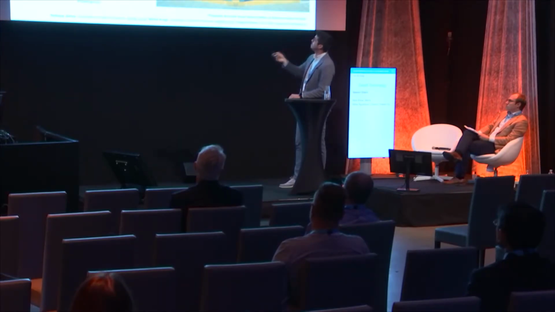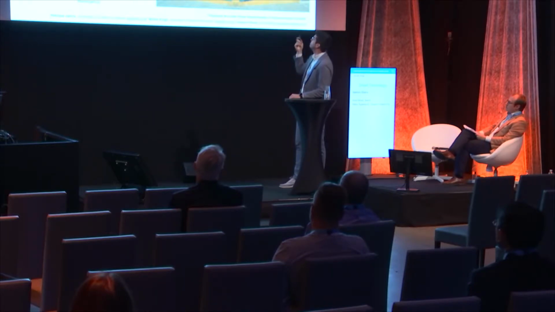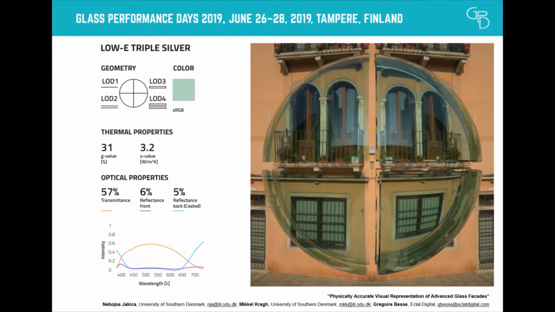So take a look at the drop in the transmittance and how it reflects to the saturation of the color when you compare low E, double silver, and then triple silver, and then quad silver. So there is a saturation in color and an increase in reflectivity of the surfaces.